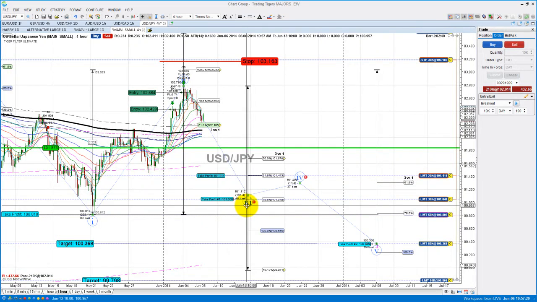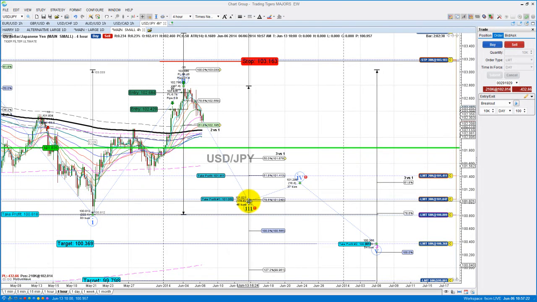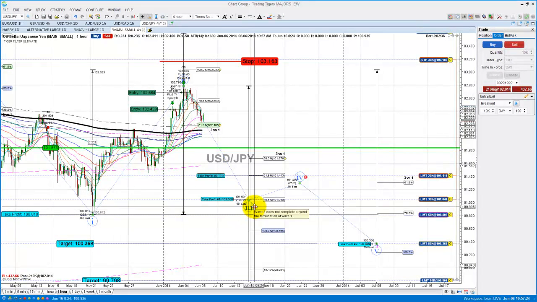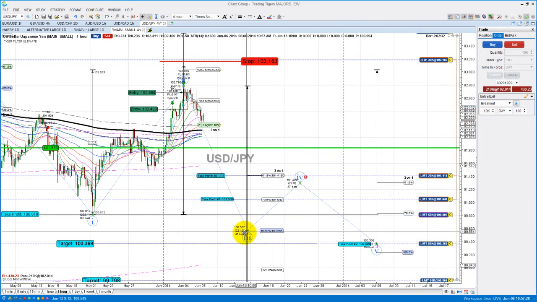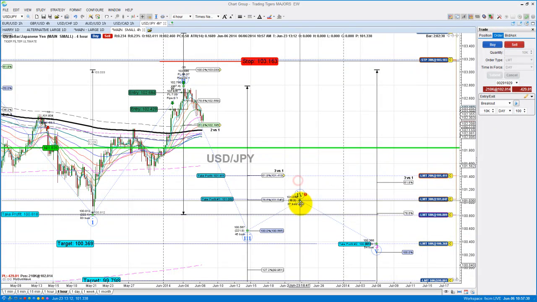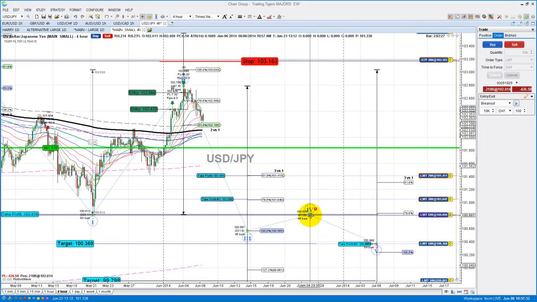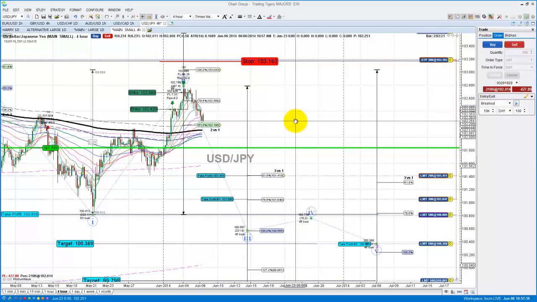What we'll have to do, we have an error here, so that will have to be here, and that wave 4 will have to come down around here if it's going to be validated. That's a very short retracement for the wave 4.